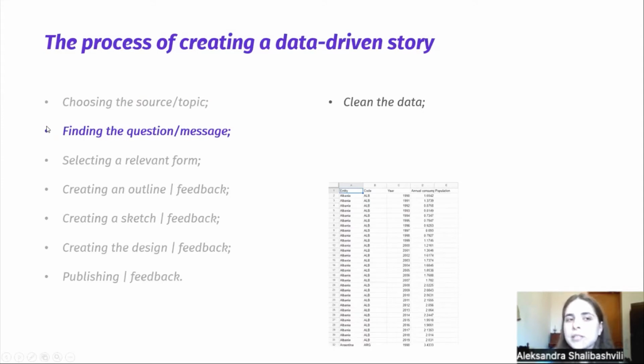Then the second part, after you have specified which source you want to use, which topic in general you want to talk about, is to find a specific question or message that you want to answer with your infographic.